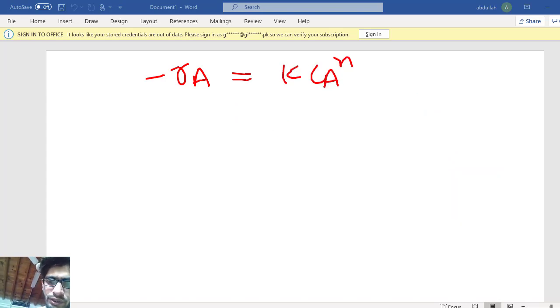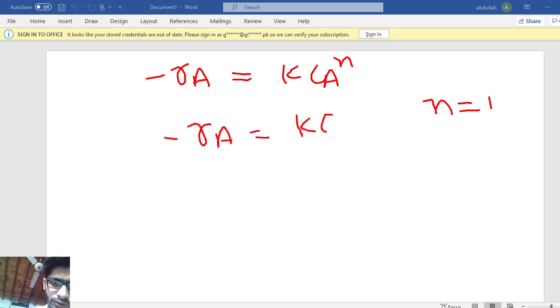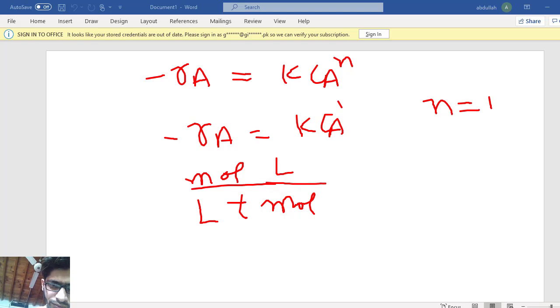For the first order reaction, n is equal to 1. So minus rA is equal to k CA to the power 1. The unit of rate is mole per liter into time, and when we rearrange this, concentration is nothing but molarity, so it will be mole per liter, and this cancels with this.